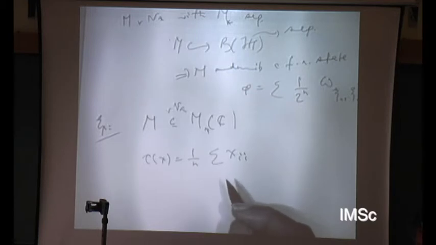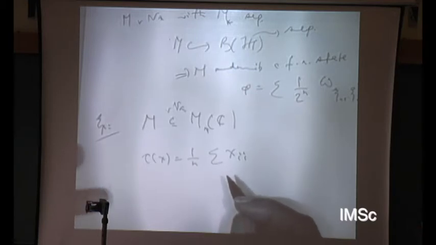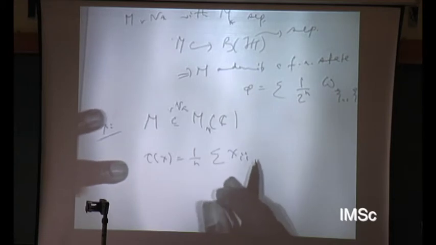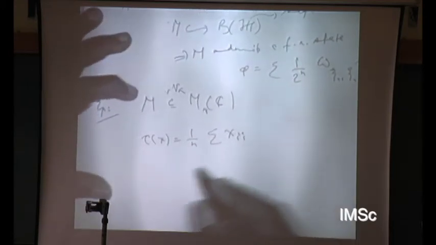Just the normalized matrix trace. So this is going to be a faithful normal tracial state on M.